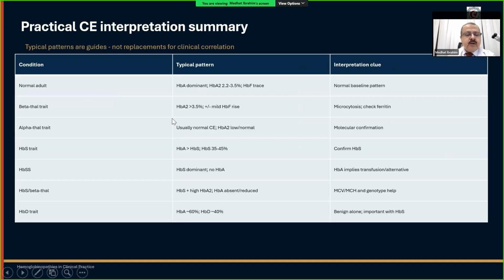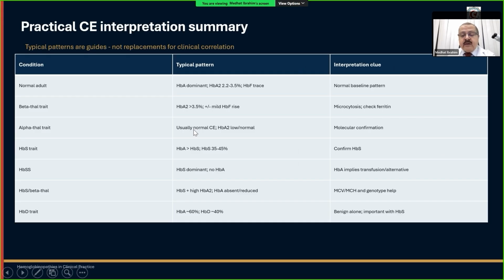Okay, and this is again just a table showing roughly what you would expect from each case. This is the normal, this is the typical pattern, and for beta thalassemia trait you have to have an A2 increase of more than 3.5%.